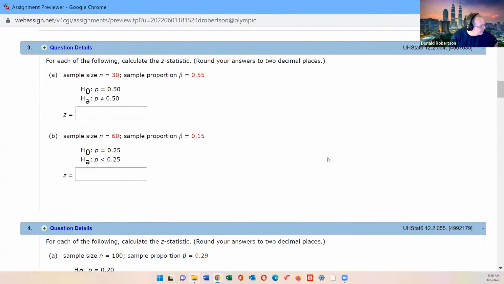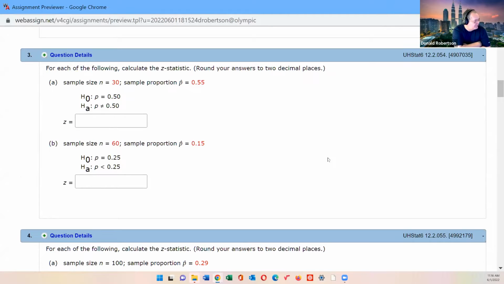Question 1 and 2 are essentially the same, so I won't go into that. Now, starting at question 3, they're asking you to find a Z-score. And here is the null and the alternate. And here is the p-hat. And here is the n.